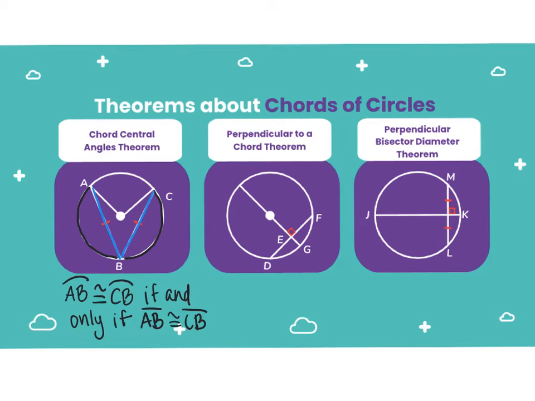So these two arcs are only congruent if those corresponding chords are congruent.